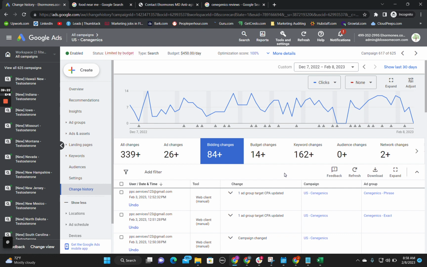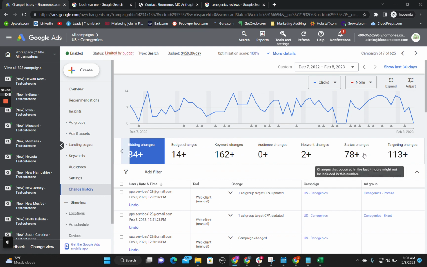So when you launch a Google Ads campaign, it can sometimes take 1 to 3 months to even get results. And if you're making large changes, it can definitely reset the AI. The things that usually reset the AI are bidding changes, keyword changes, audience changes, network changes, and maybe these two.